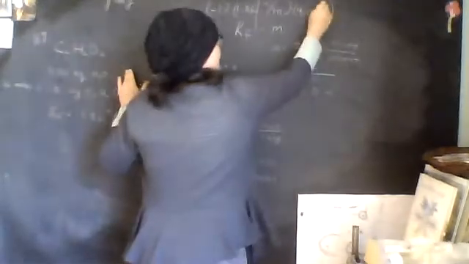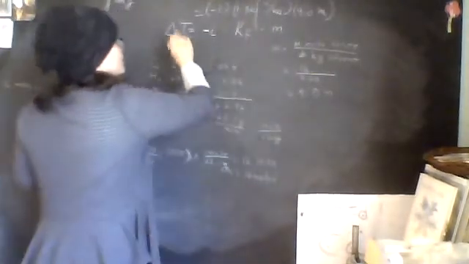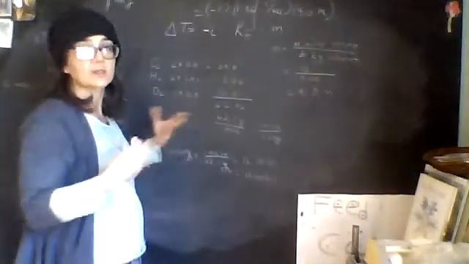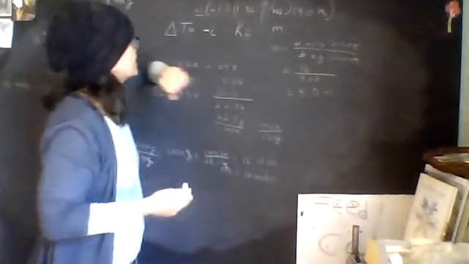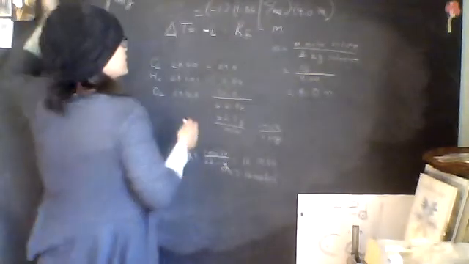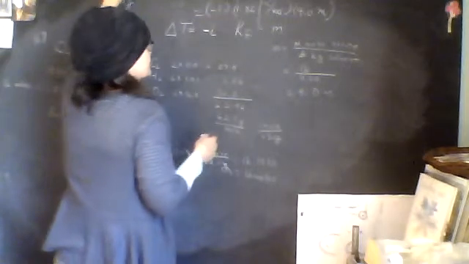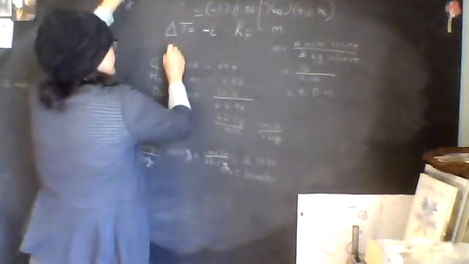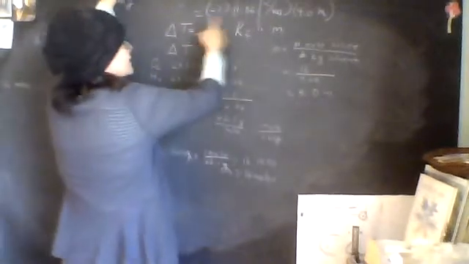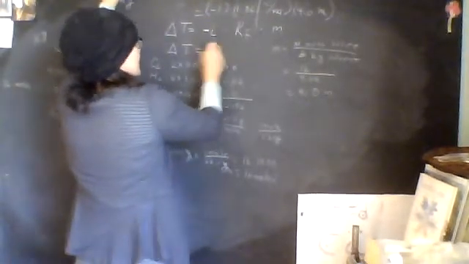The molality will cancel, and the i has no units, so we'll end up with degrees Celsius, which is what we want. It's going to be somewhere around 8 degrees. Remember, this is going to be a negative number because we're multiplying by negative 1.